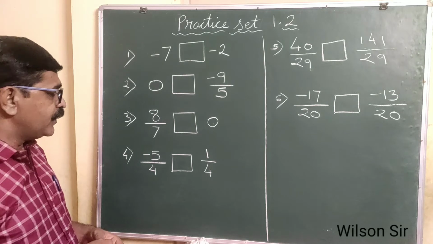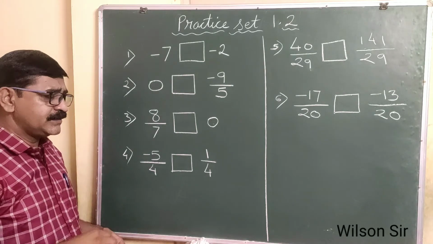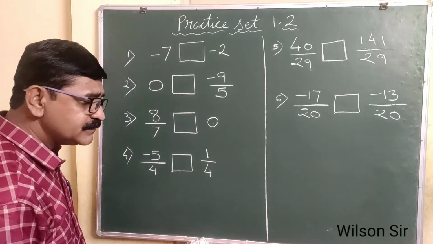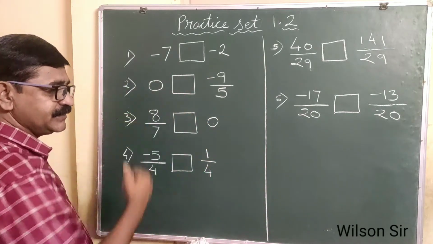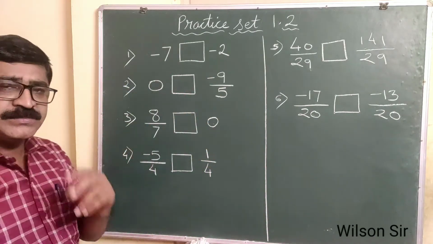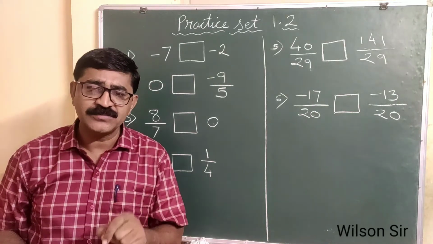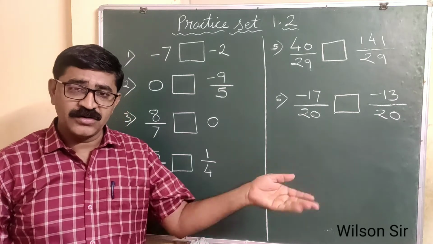Now we have seen in the chapter integer part that positive numbers are always greater numbers, right hand side numbers are always greater than the left hand side, and if the two numbers are negative, at that time the smaller negative number is bigger than the bigger number.